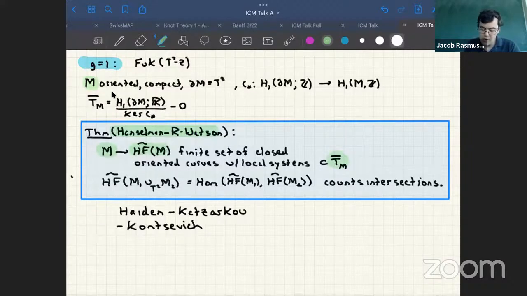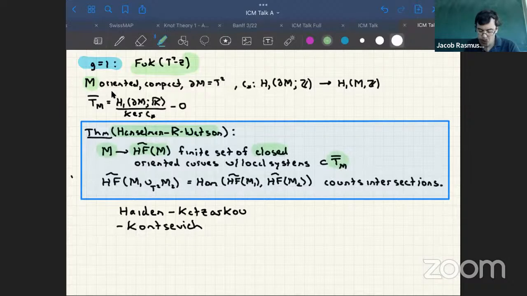In particular, the fact that these curves are closed is in no way guaranteed by the description of this Fukaya category, which naturally also includes some non-compact objects.